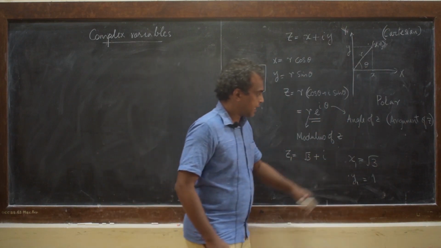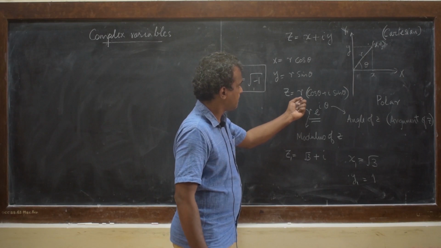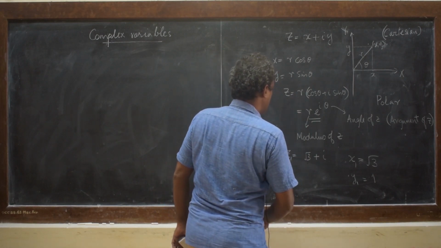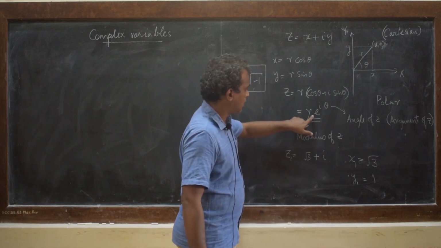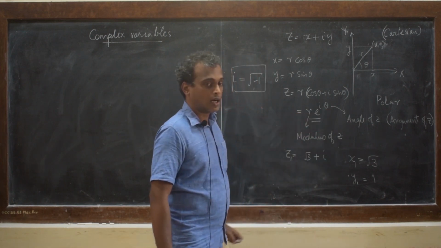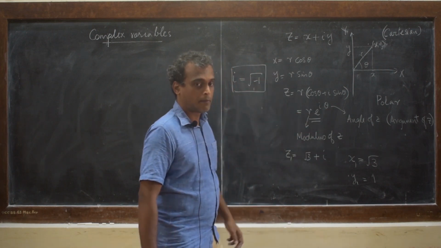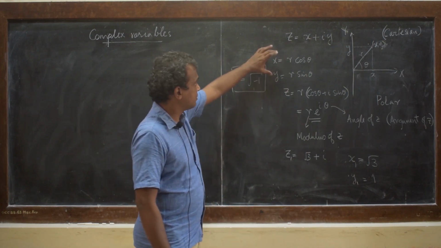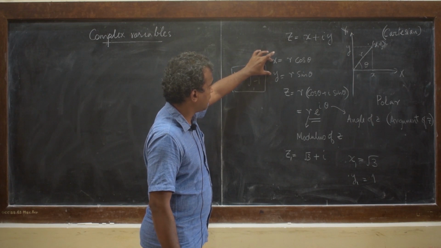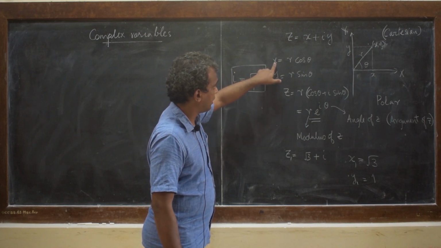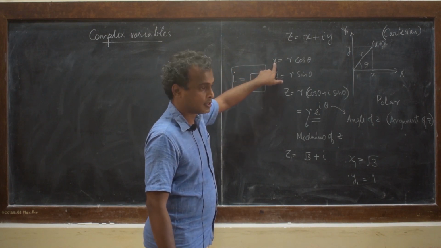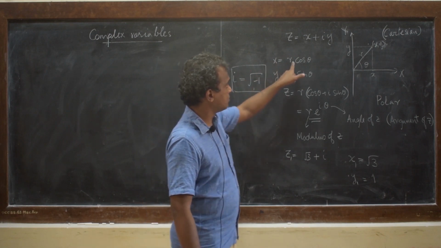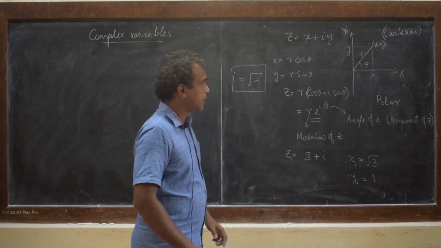The same can be represented using the polar form by finding out what r and theta are in terms of x and y. Now, in the expression stated earlier, I have provided the relation for the real part x, as well as the imaginary part y, in terms of r and theta.